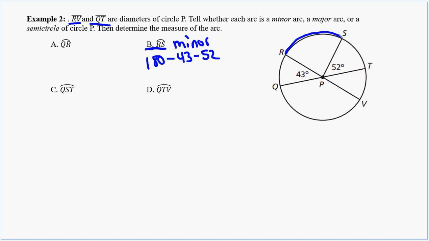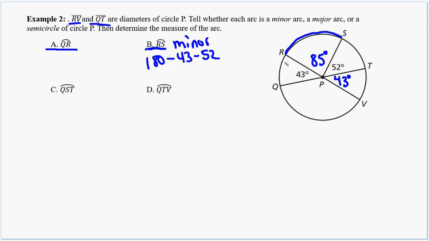So if we subtract those out, we get this is 85 degrees. Okay, look at TV here. TV we're not asked for, but it is vertical with the angle over here. So this angle RPQ is 43. TPV will also be 43. And this might be enough to answer all these questions. So here it says, what's the measure of QR?